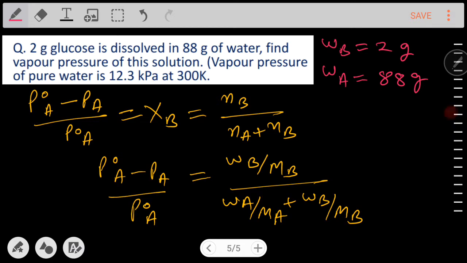WA is the mass of solvent and here the solvent is water. It's 88 gram. So P naught A, that is the vapor pressure of pure solvent, is also provided here for the water, that is 12.3 kilopascal.